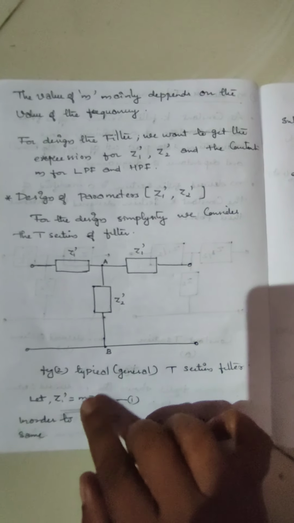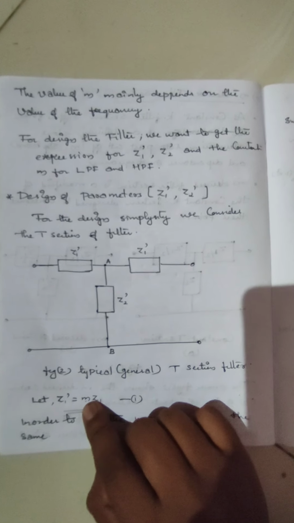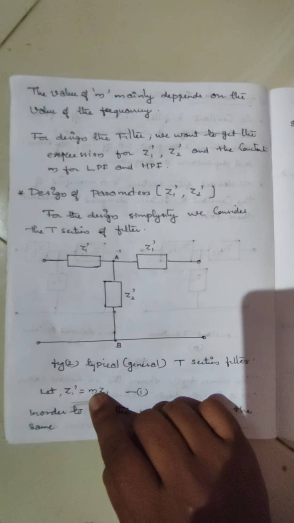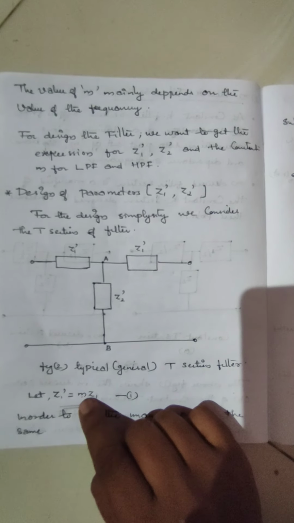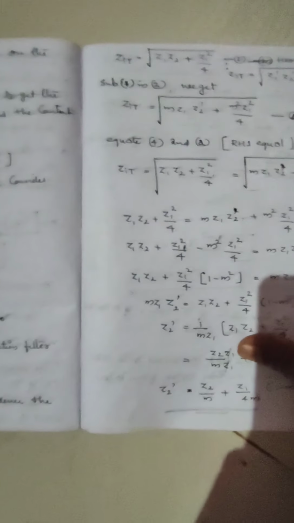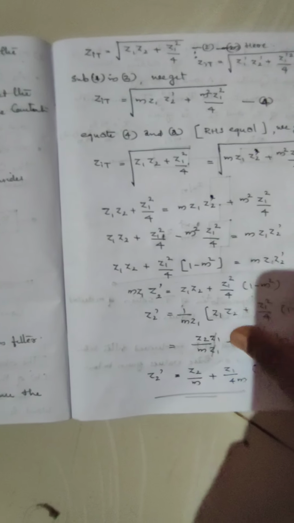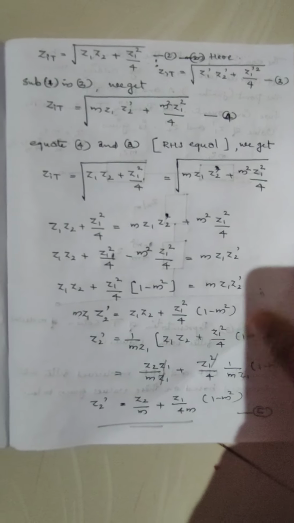So all these components have values that depend upon the constant m. Hence this filter section design is named the m derived filter section. Based on this m value we calculated the values for z1 dash and z2 dash.